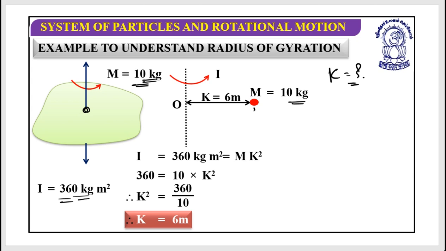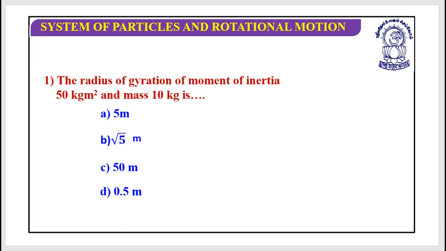I is given, which is equal to 360 kg meter square. Let's compare it with m into k square. So 360 is equal to 10 into k square. K square is equal to 36, and that's why the radius of gyration k would be equal to 6 meter. That's it. I hope this is clear. Yes, this is what I am looking for, I is equal to mk square. Great. Let's look at the next question.